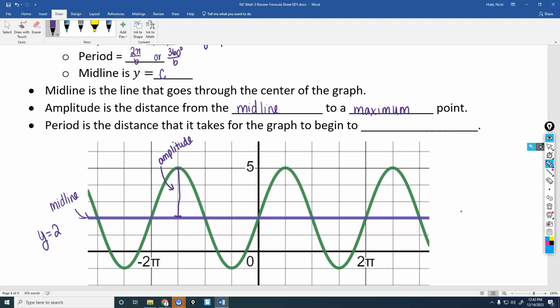For this problem, that would be 3. A lot of students were missing these problems because they were given the highest value. They would say amplitude is 5 here because that's the highest that it goes. That is not your amplitude. It's the distance from the midline to the highest. Some people would put 6 because that would be lowest to highest. You want half of that.